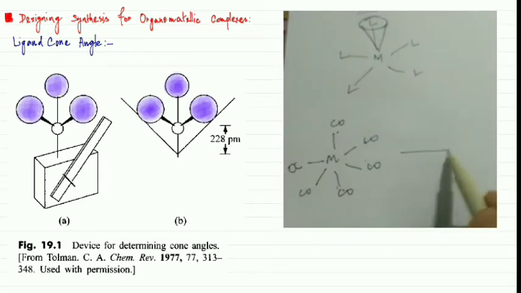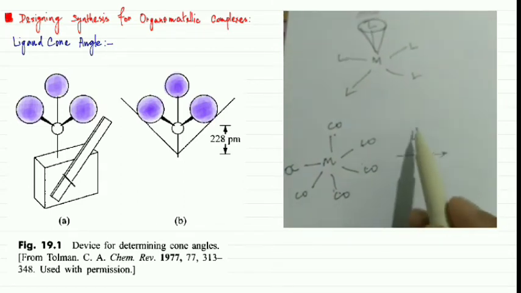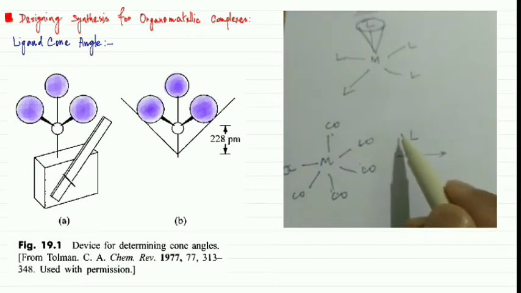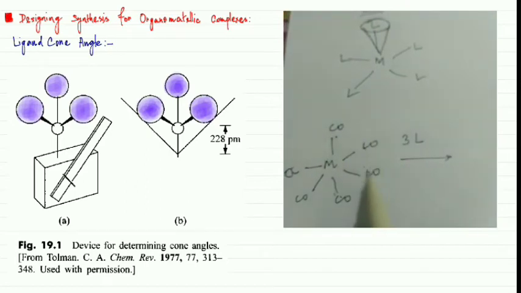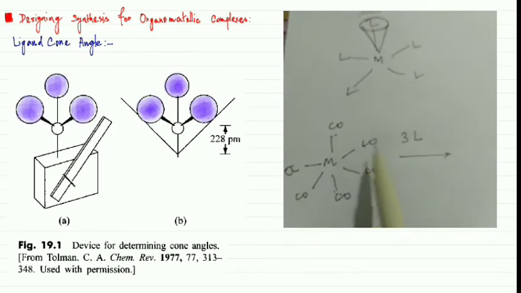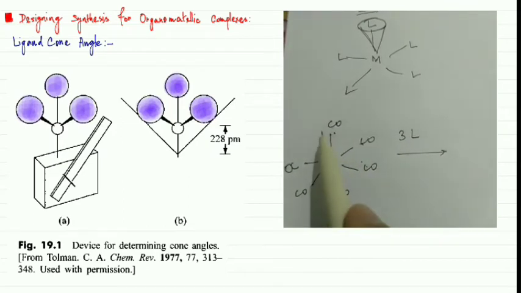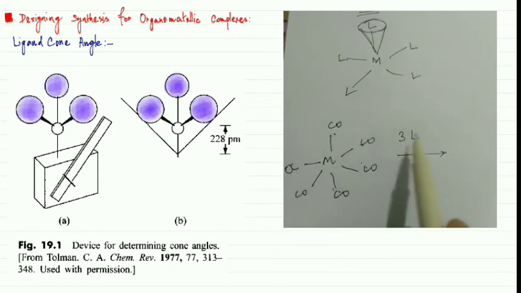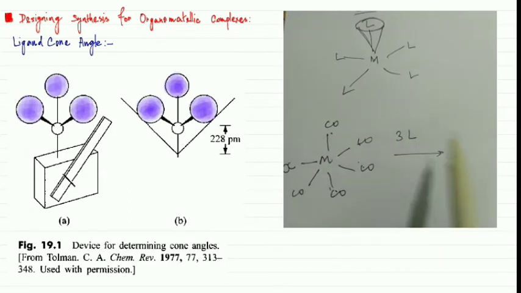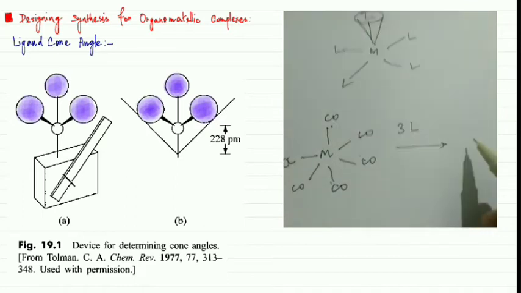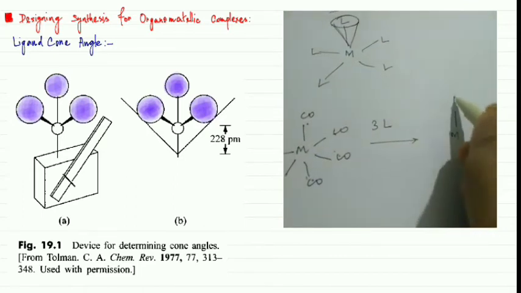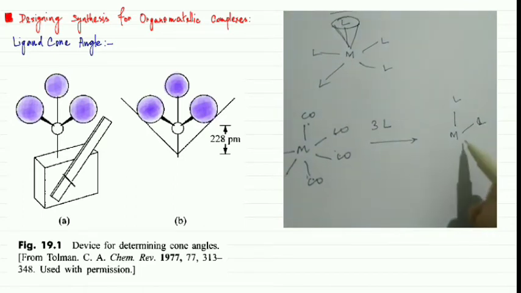Suppose we want to replace 3 carbonyl ligands from this complex by 3 phosphine ligands. So let's suppose we replace them.